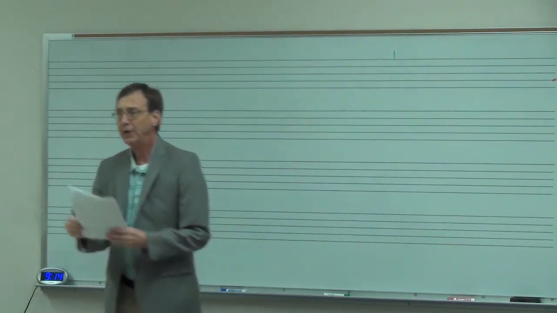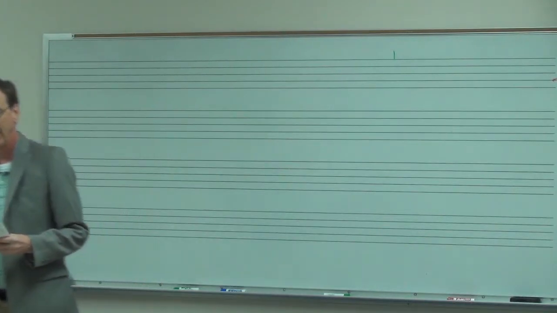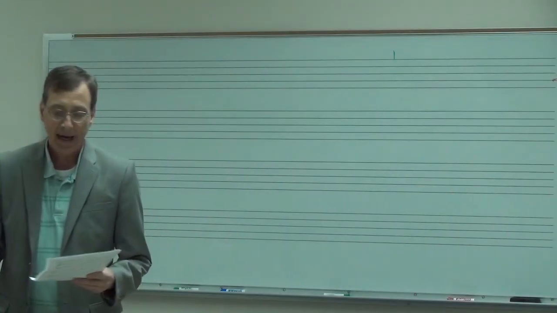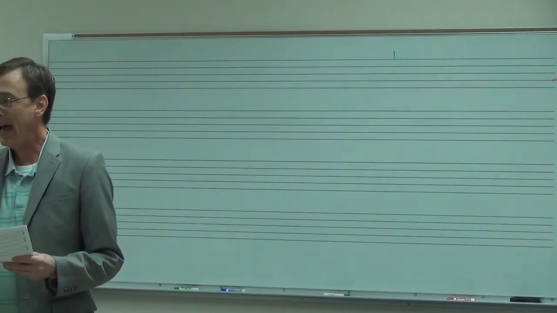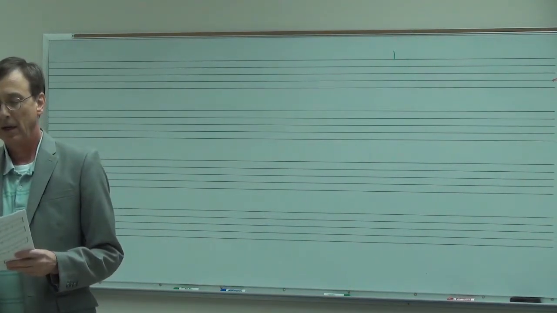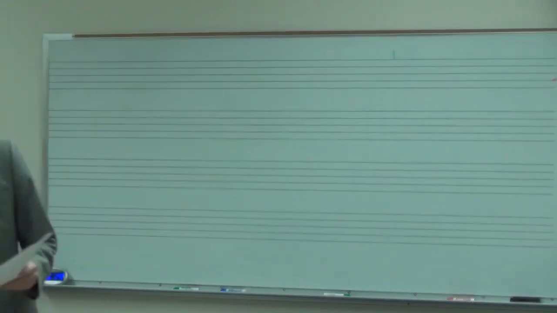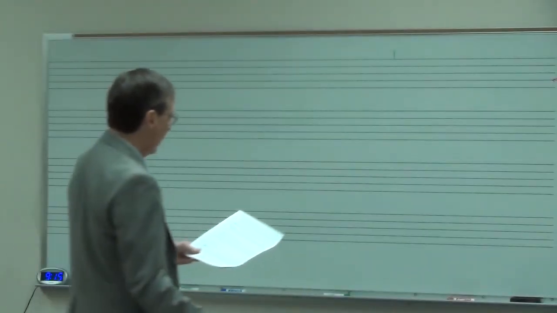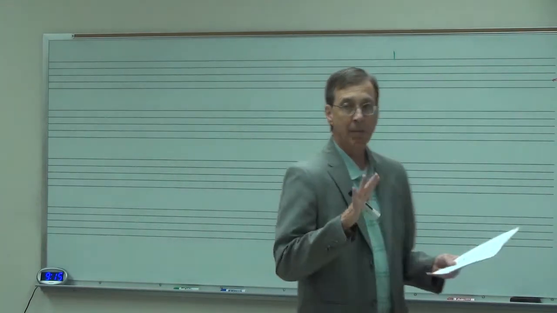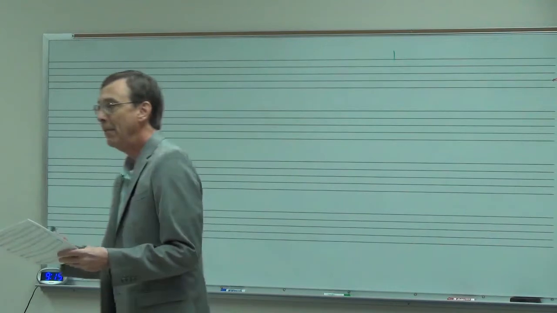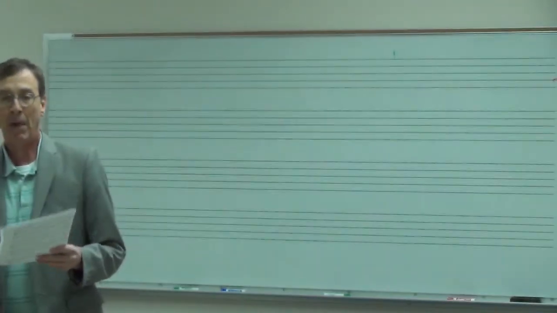Okay, so the first example is in F minor, and it modulates to A flat by the 4th measure. And then on the second phrase, it modulates from A flat back to F minor.